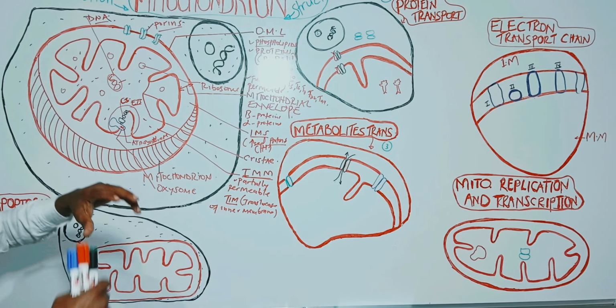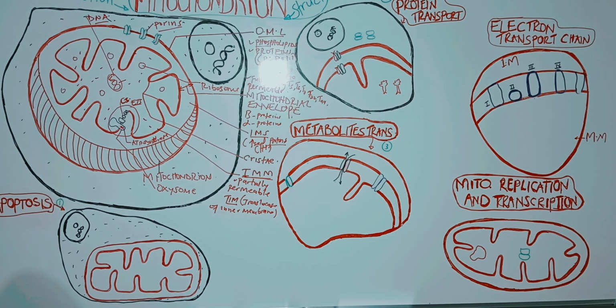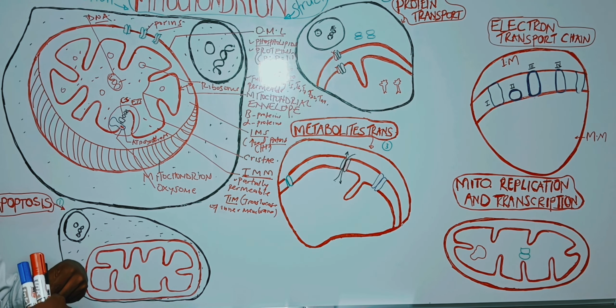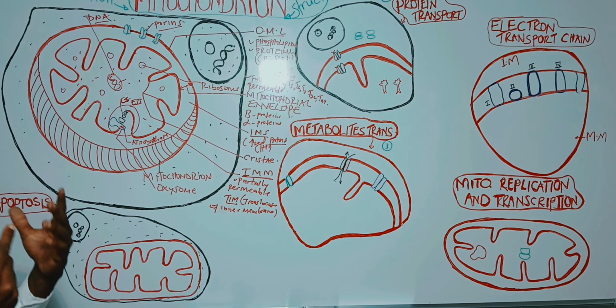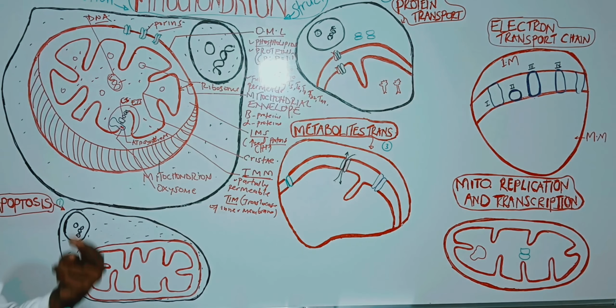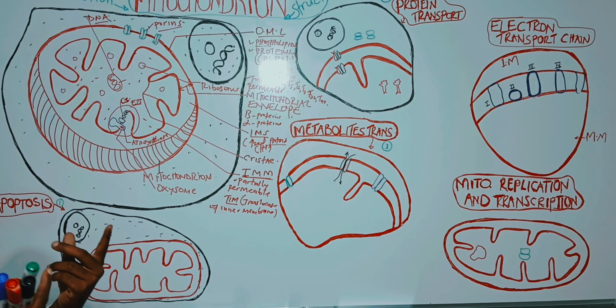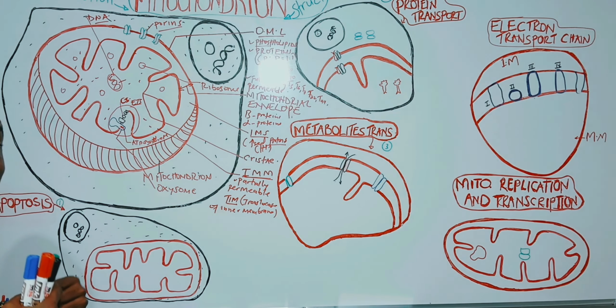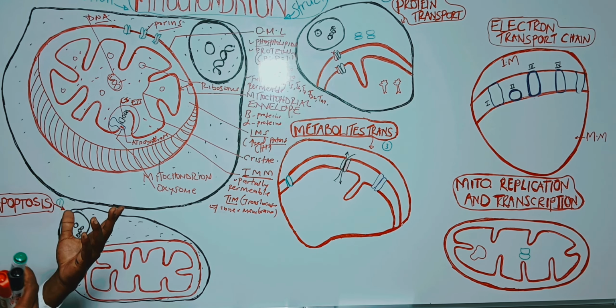Then we say that the mitochondria has two major layers, the inner and the outer layer. The outer layer is what we call the outer mitochondrial membrane, which is fully permeable, has proteins called the porins, and also has phospholipids.